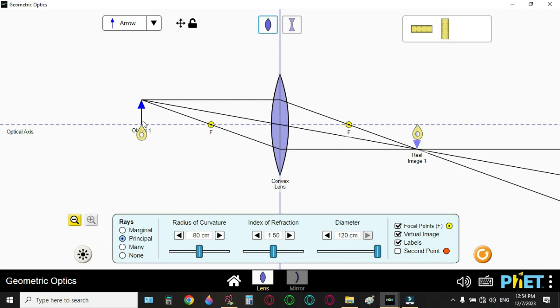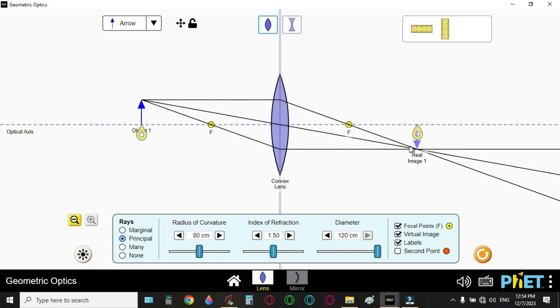If the object is at the center of curvature, the image on the other side of the lens will also be formed at the center of curvature. Here the image is real, since it is formed on the other side of the lens. It's inverted and has the same size as the object. Again, the image is inverted, real, and the same size as the object, and it is formed at the center of curvature.